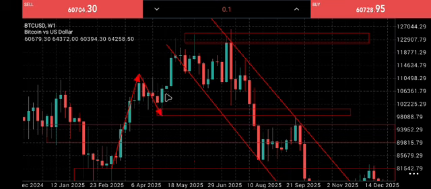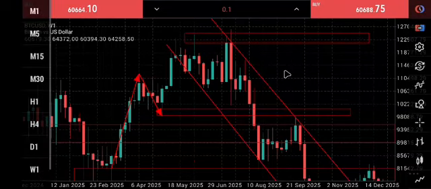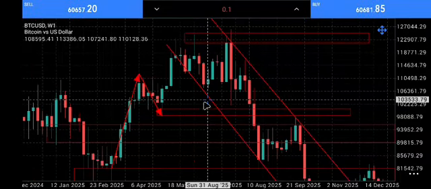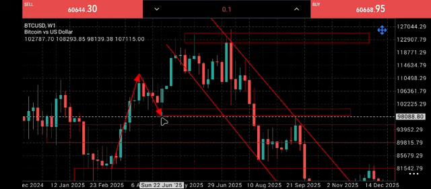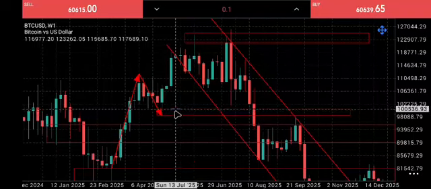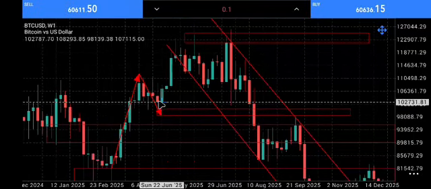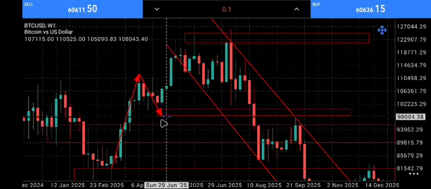When you click buy where the price was, the price was at 98,088.80. This was our demand area.